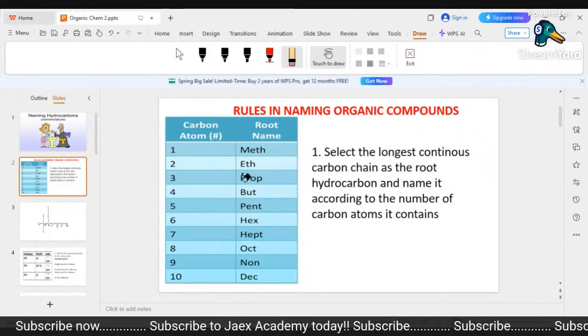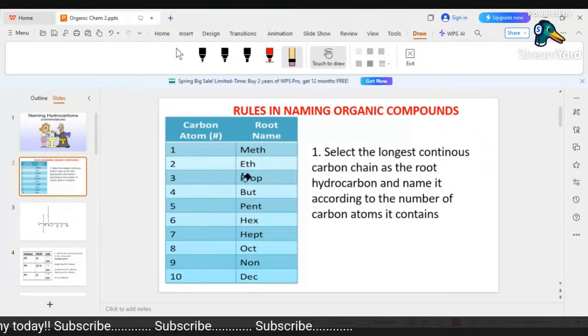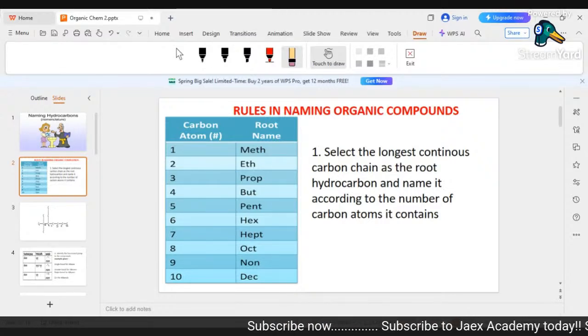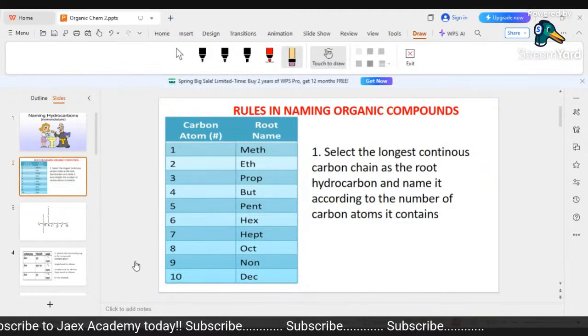Okay, Faith says 7 is hept. I'm waiting for the others. What is 7, guys? Someone said heptane, but you don't know that yet because I have not completed the bonds. Tell me it is hept, not heptane. We don't have the functional group yet. I'm waiting.